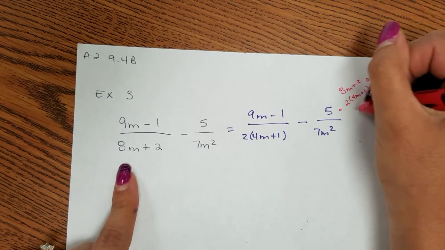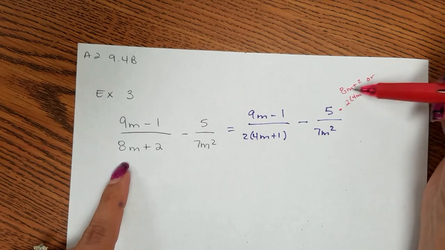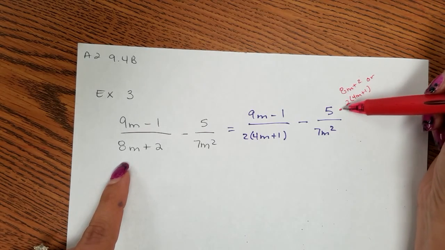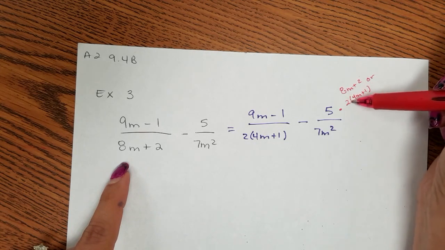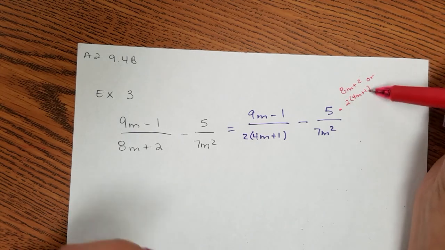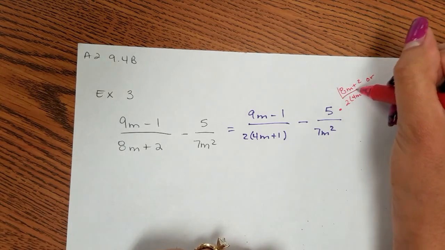Okay, these are the same thing. I'm going to use this one here because I'll only have to multiply one time. Here, if I multiplied this by this factor here, you'd end up having to multiply twice, the 5 times the 2, and then distribute that. So it doesn't really matter, but I'm going to use this one here.